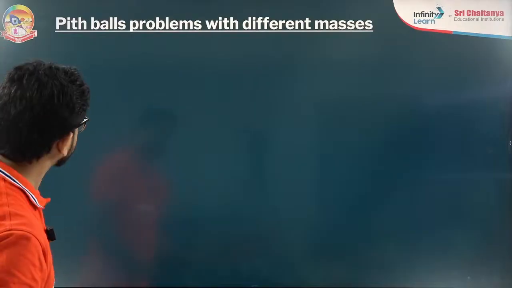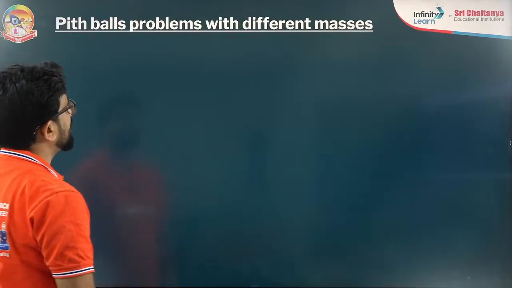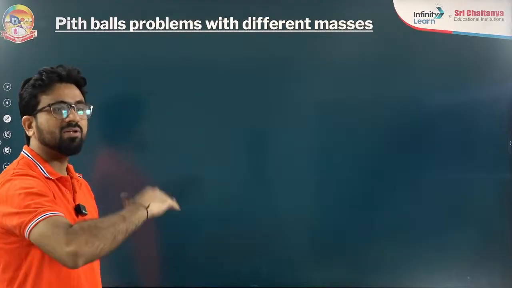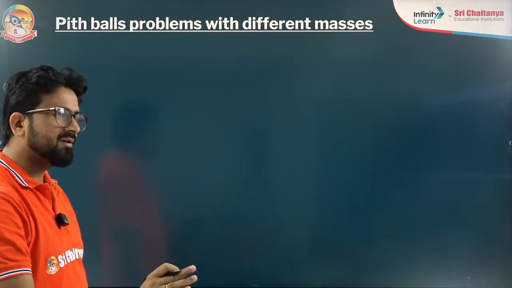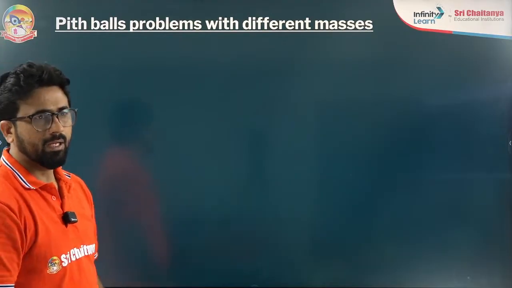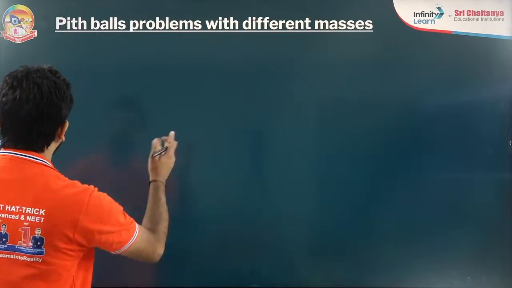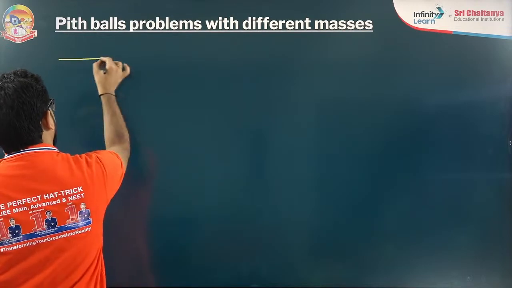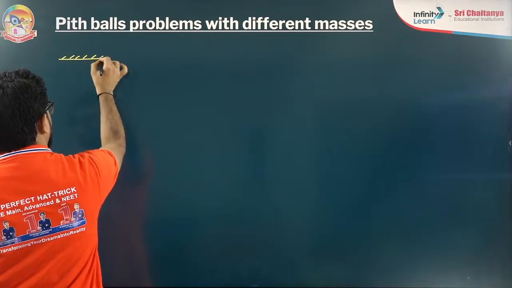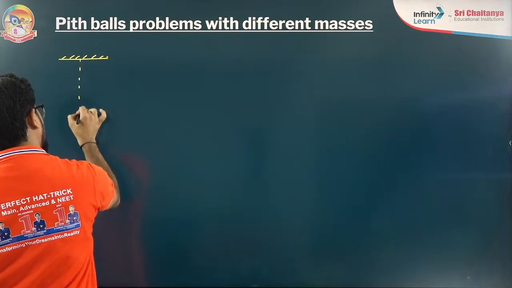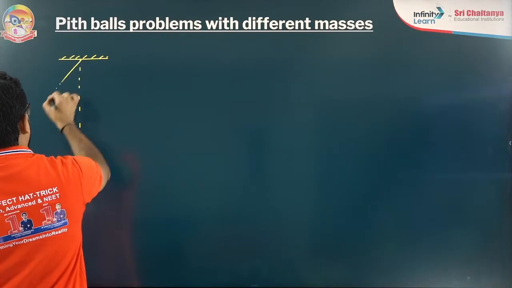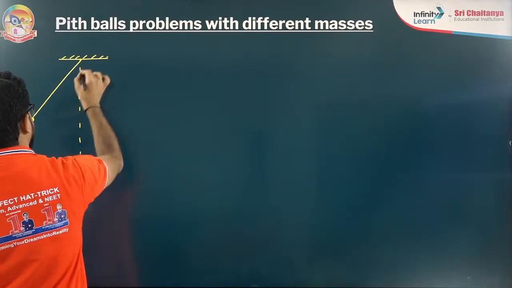I am giving you a problem with two balls of different masses. Now, masses are different. Charges may be different or not, it does not matter. Suppose I am taking another basic case here, for simplicity.